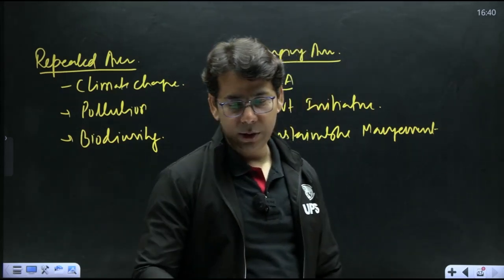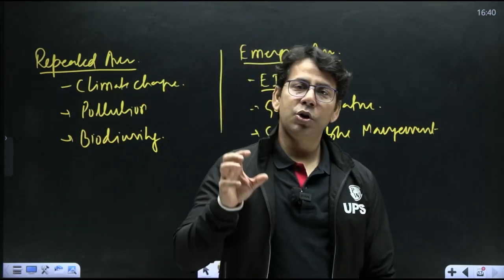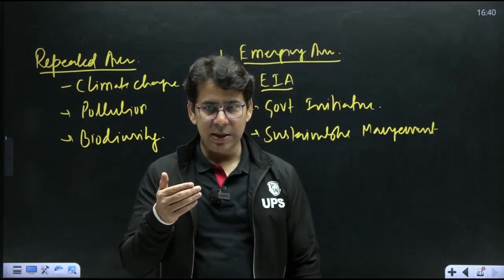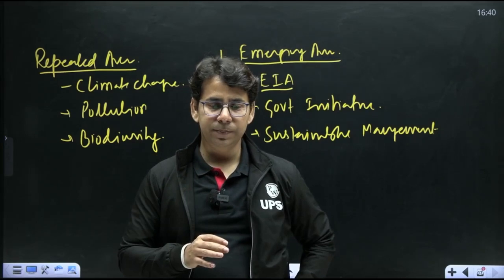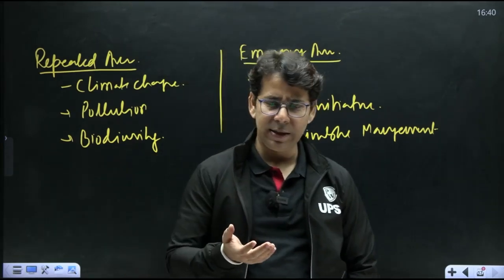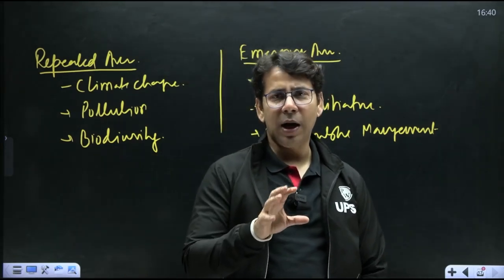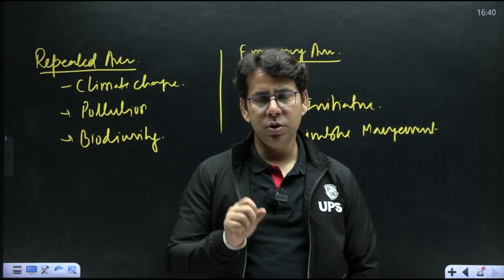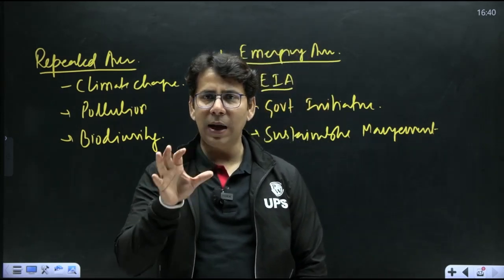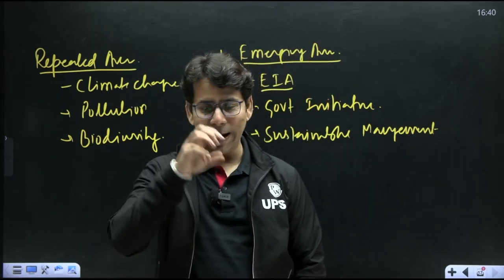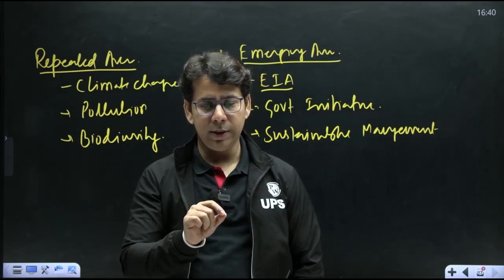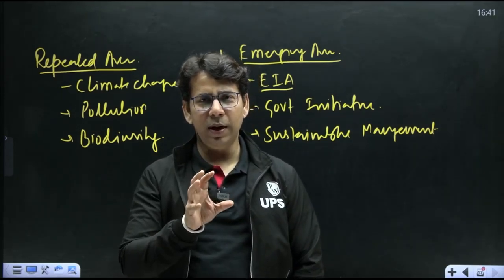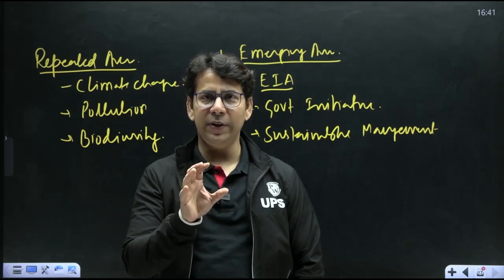Now we are coming to what should we do. What should be the smart strategy when you are going to write this main examination, both science and tech and environment? Remember, these both are scientific in nature. So try to make the answer a little more scientific by adding flowcharts, pointers, right? And make it look a little more clean, neat, and scientific.